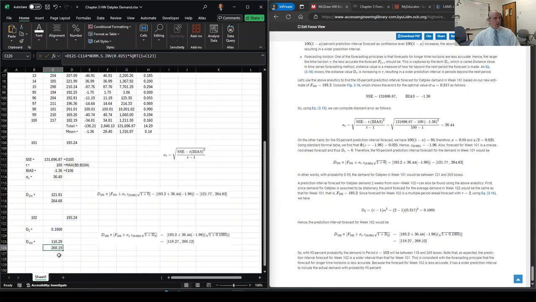And that will get us the upper bound of 268.19. Hopefully this has been helpful. What this means here is that this is the lower and upper bound of the point interval forecast for week 102. It's 2 weeks out instead of next week's forecast.